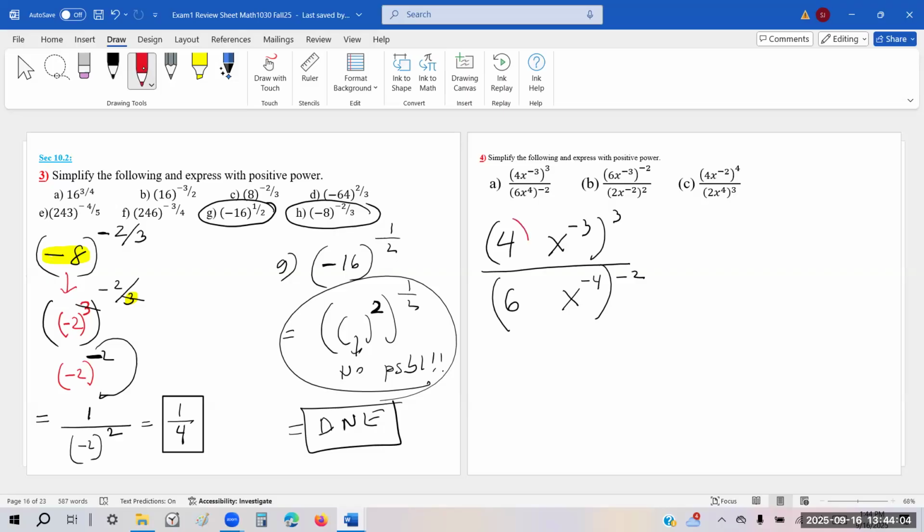Distribute. So we do 4 to the +3, x to the -3 times 3, sorry, +3, my bad. On the denominator, 6 gets -2, and x to the -4 gets -2. So you distribute the power individually on the numerator and denominator.